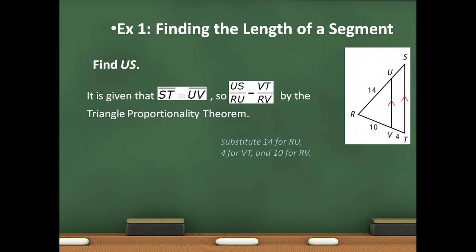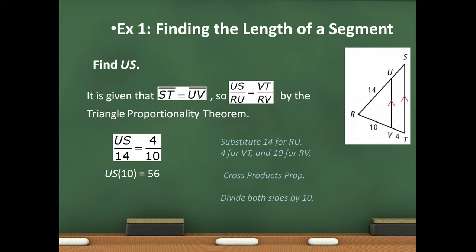If we substitute 14 for RU and 4 for VT and 10 for RV, we come up with US over 14 equals 4 over 10. The cross product property gives us US times 10 equals 56. If we divide both sides by 10, we get 5 3/5.